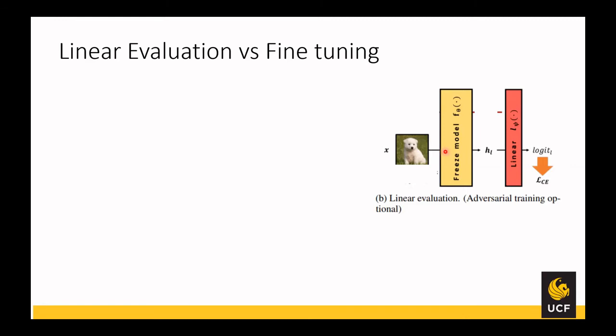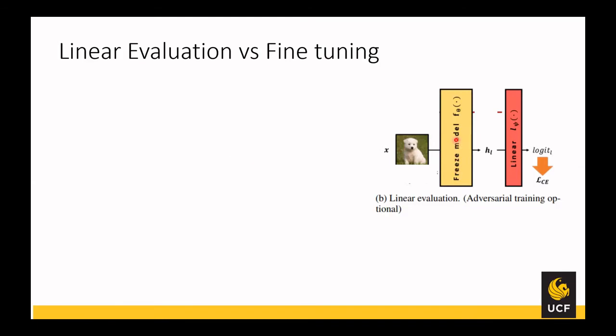The fraction of the supervised data set will be small, like 10% or 1%, but it's still very small compared to what natural supervised training would use. So we pass the data X through the frozen encoder to get its image representation. That is then used by the linear layer to map this image to its corresponding label using the normal cross entropy loss. That's your linear evaluation.